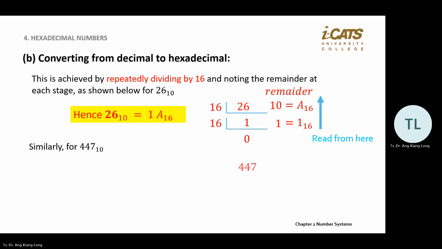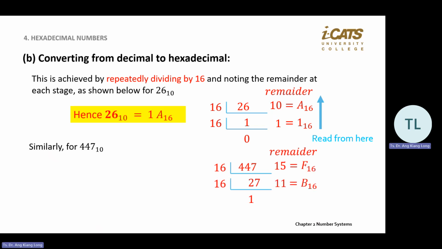Okay. So this is another example. 15 is equal to F. So why 15? Because the maximum division number is 16. The maximum you can have as a balance is 15. 16 means you get 1.